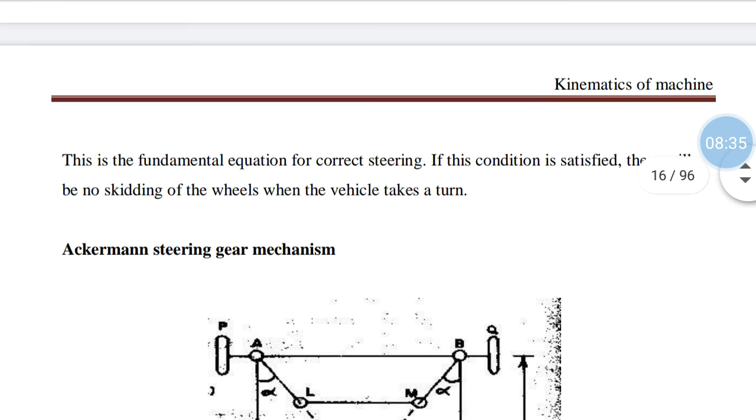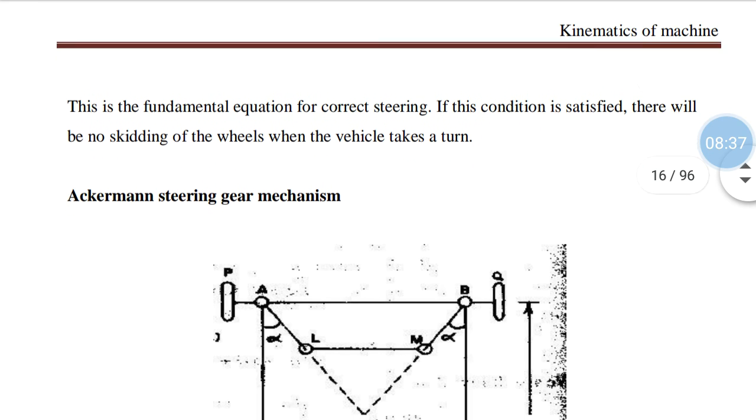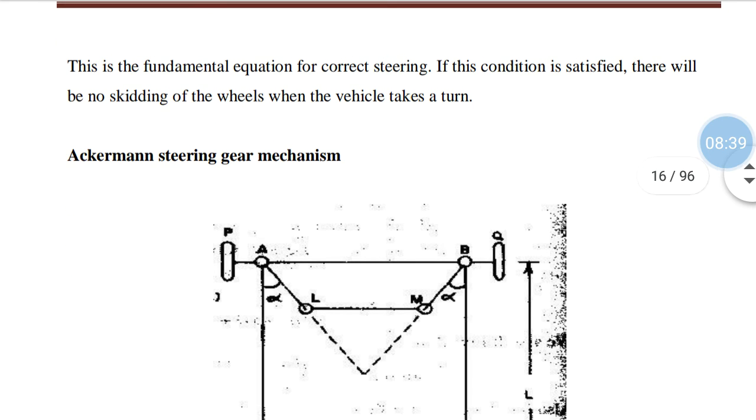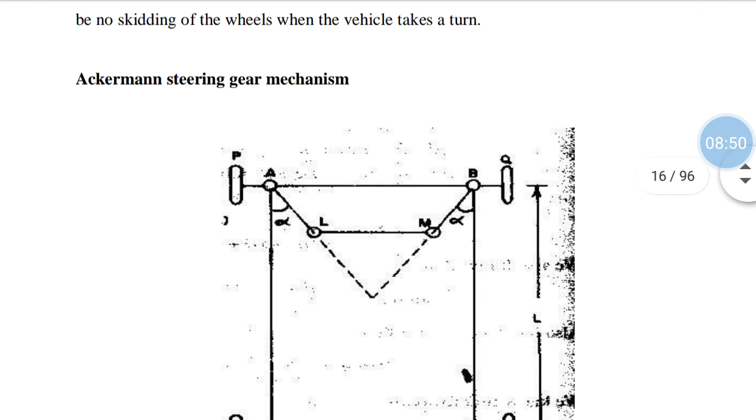See this alpha is there. Alpha is the angle of inclination of links AL and BM. This alpha is equal, and the steering will be there at the center, at the coinciding point of L and M, the dotted line they are showing.